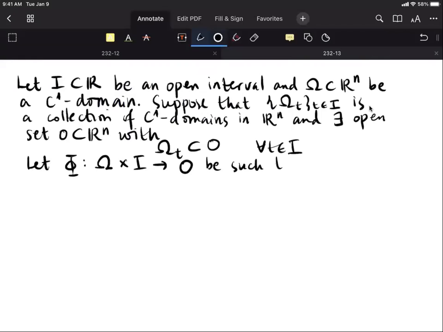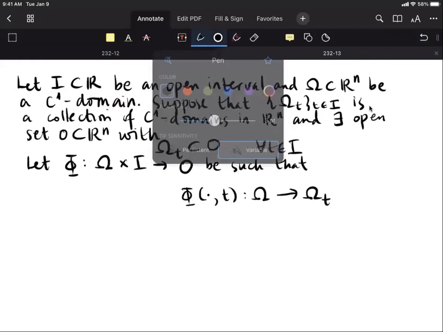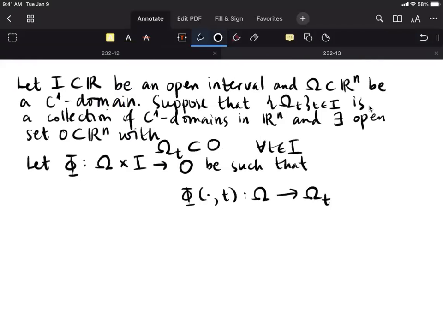The map responsible for describing the transformation from omega to omega t. So take note here that this missing argument here is the one in omega.